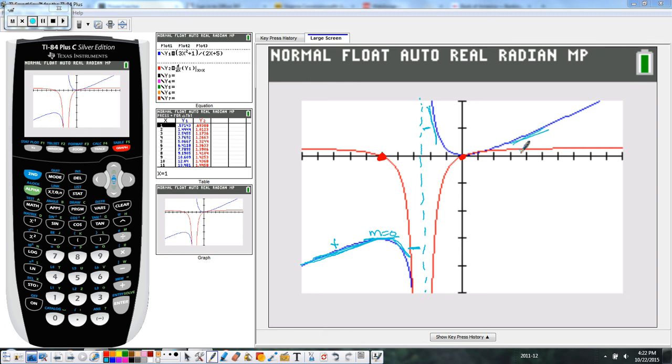And it appears that this graph has a slant asymptote. So what I know is that the end behavior of my slopes, as x goes to plus or minus infinity, the slopes f prime are going to have to head to a constant because the original has a slant asymptote.